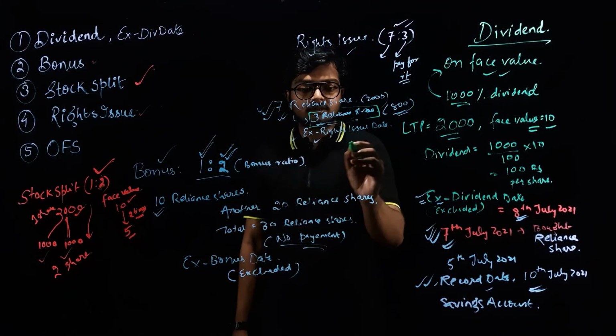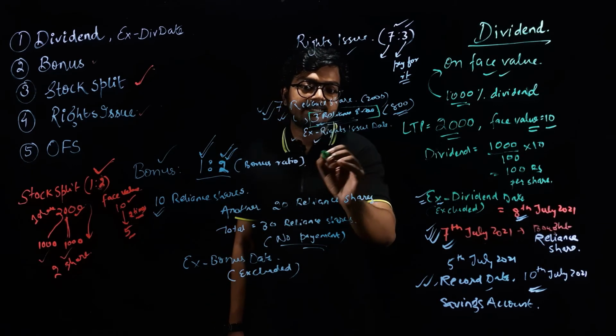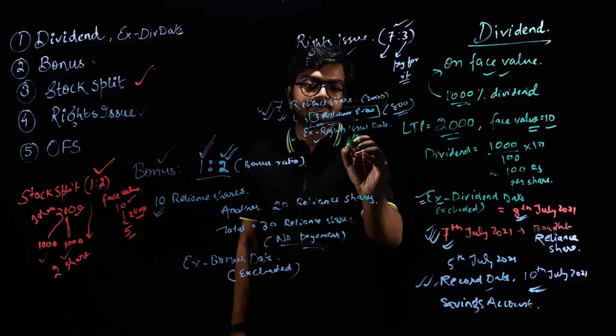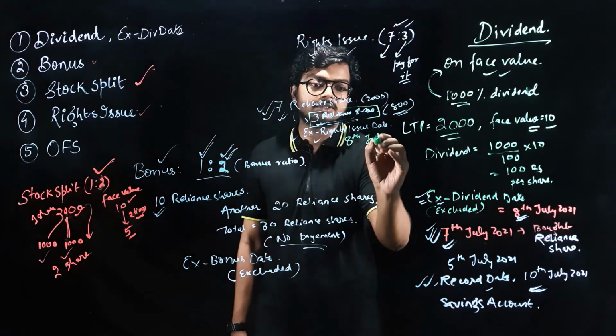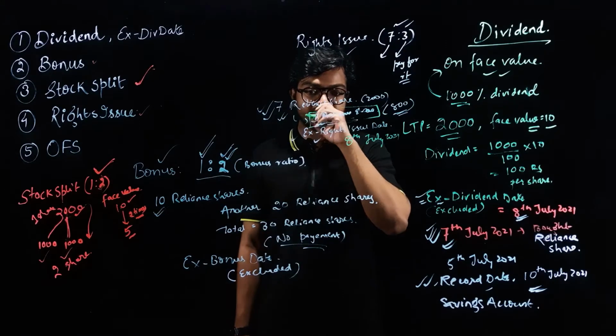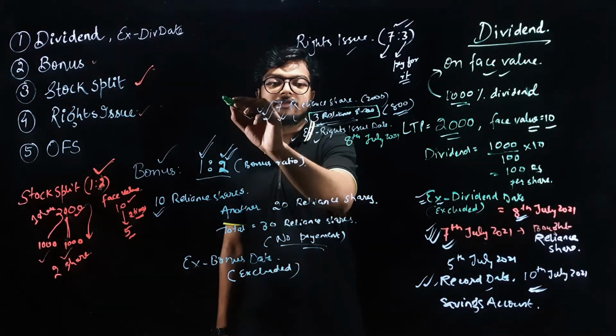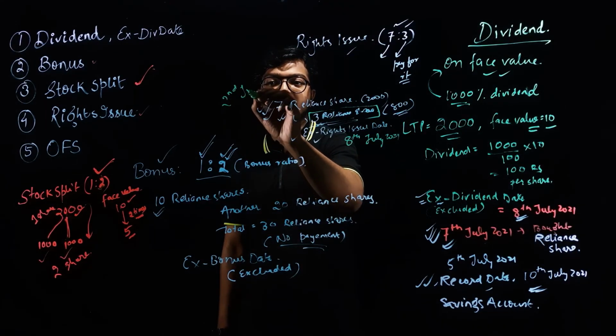Say for example the ex-rights issue date is 8th of July 2021. Say the rights issue was announced sometime before, say on 2nd July.